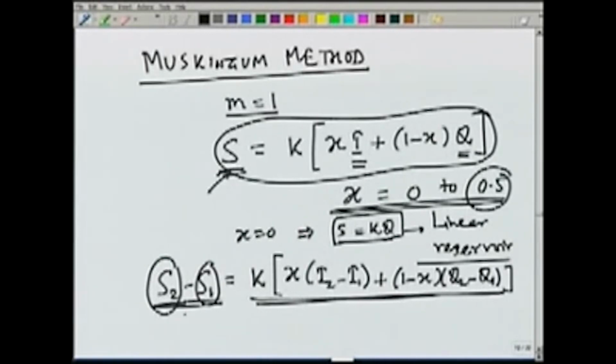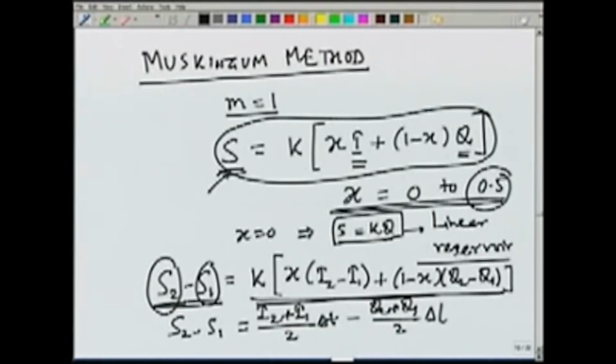Now, this change S2 minus S1 from the continuity equation is also equal to (I2 plus I1) by 2 times delta t minus (Q2 plus Q1) by 2 again multiplied by delta t.